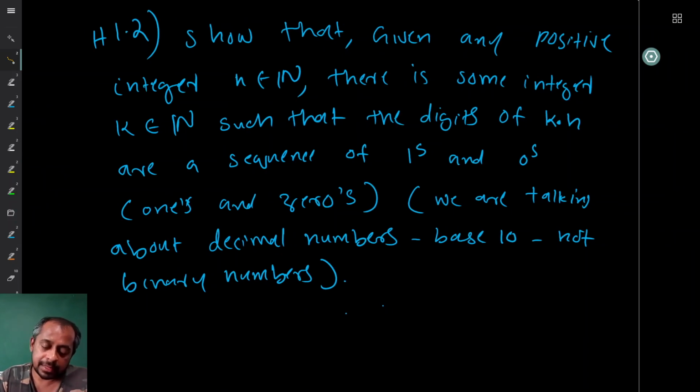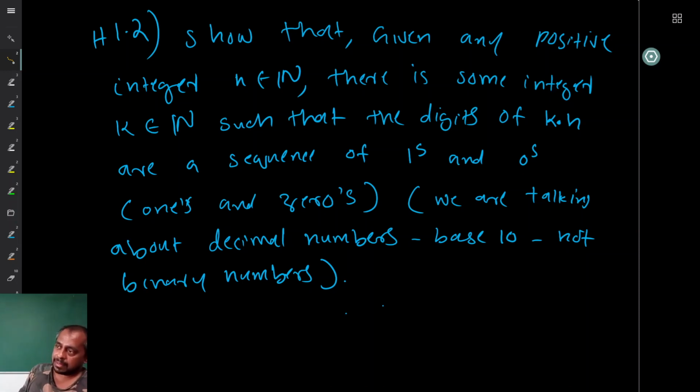Then show that given any positive integer n, there is some integer k such that the digits of k times n are a sequence of ones and zeros. So it's a multiple of n. We are not talking about binary representation, because any number can be written as a sequence of ones and zeros, but not that. In the decimal system itself, I can find such a multiple.